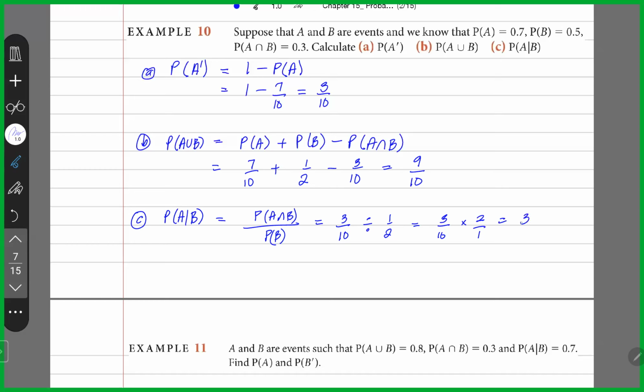Do you have 3/5? Now 3/5 is the same as saying 0.6.